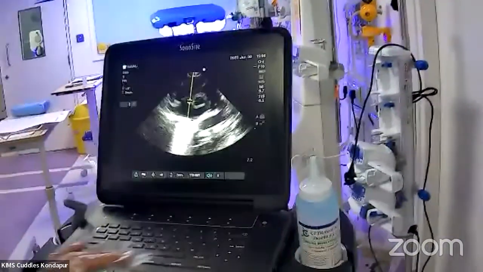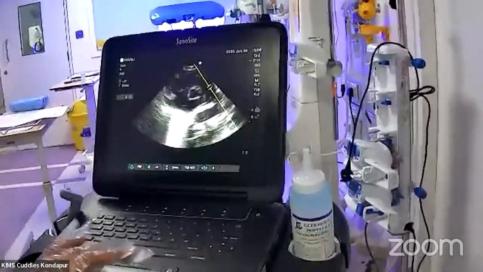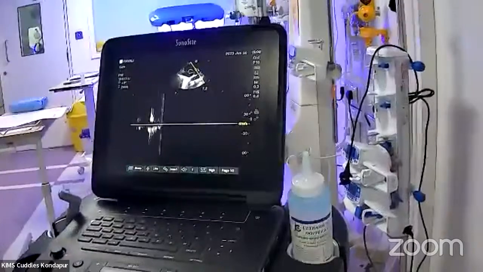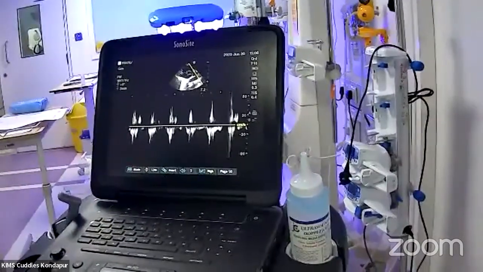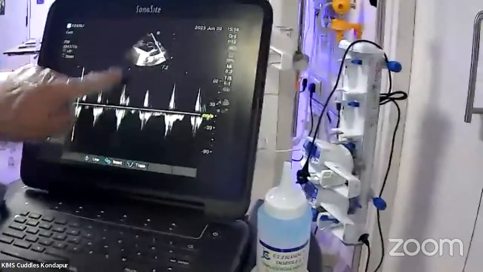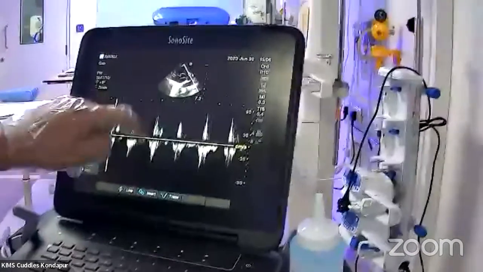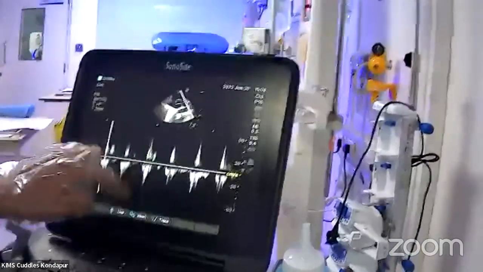Once we have identified the PDA, if we place the Doppler in the PDA, we can appreciate that this is a bidirectional shunting PDA. You can see that there is both shunt, which is left to right, aorta to pulmonary artery, represented above the line, and pulmonary artery to aorta, which is represented below the line.